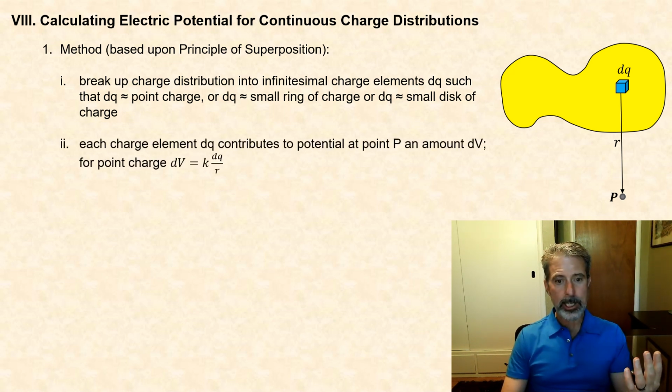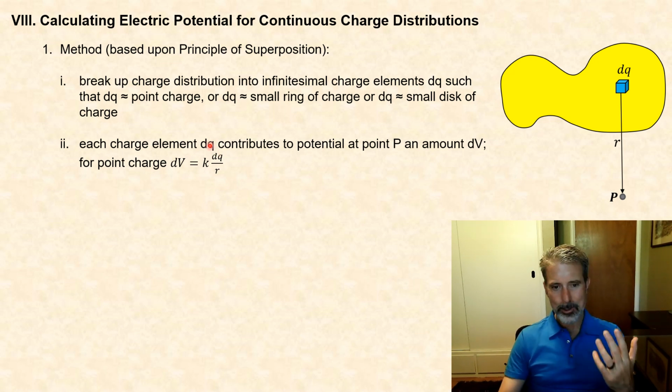Each charge element dq contributes to the total electric potential at the point P an amount dV, the infinitesimal potential contribution, where dV is equal to k dq over r. This is just the expression for a point charge, simply replacing q with dq and V with dV to represent the infinitesimal contribution of each dq.